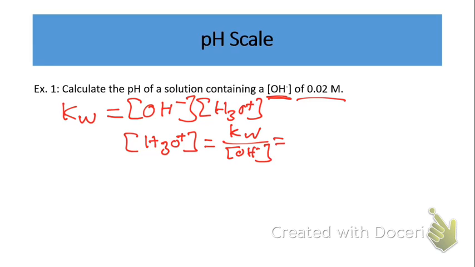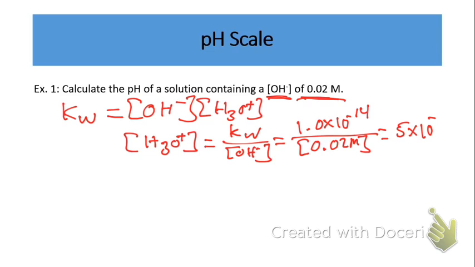So with that relationship between Kw, the OH concentration, and the hydronium ion concentration, we can now plug in the Kw value and divide that by the hydroxide concentration that we have in our solution, 0.02 molar. And that will give us a value of 5 times 10 to the minus 13 molar. That's going to be our H plus concentration.